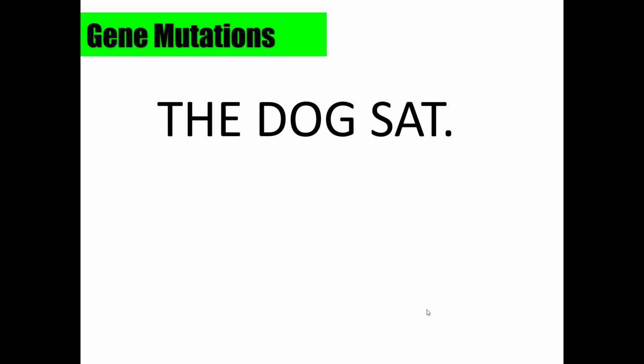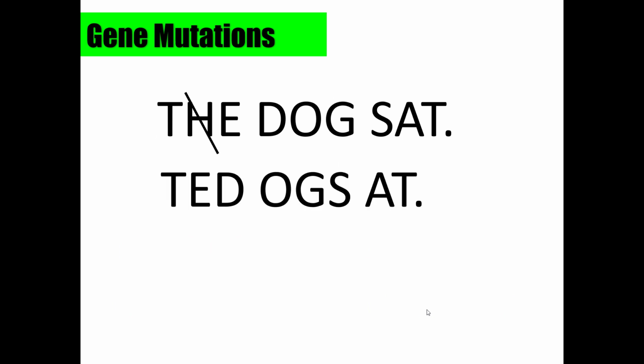All right, if I ask you to read this sentence, you shouldn't have any problem, right? The dog sat. Simple. However, if we were to take out one of the letters, this would create a frameshift situation, and all the letters would kind of shift over. Now, if I were to provide you with this sentence initially, it would be hard to recognize that this is supposed to be the dog sat.